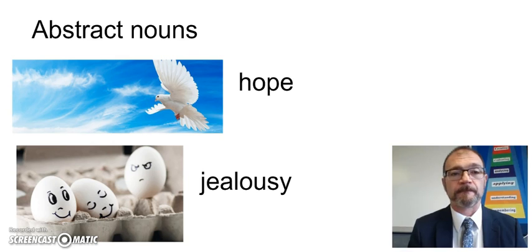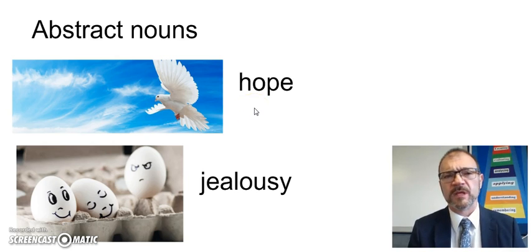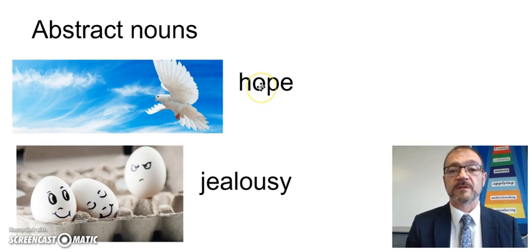I want to introduce you to one more type of noun. Abstract nouns. Abstract nouns are nouns which give names to things that can't be seen or touched or felt in a physical way. They are things which exist only in our imagination or in our mind.